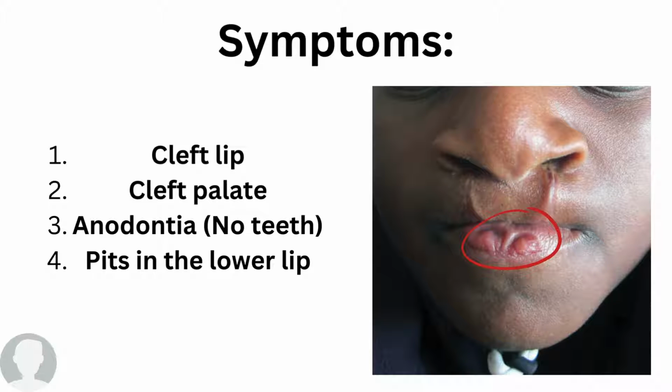You remember in my previous videos, I talked about anodontia, hypodontia, and oligodontia. Anyways, patients can have either complete anodontia, which is no teeth at all, or partial anodontia, like patients with ectodermal dysplasia.